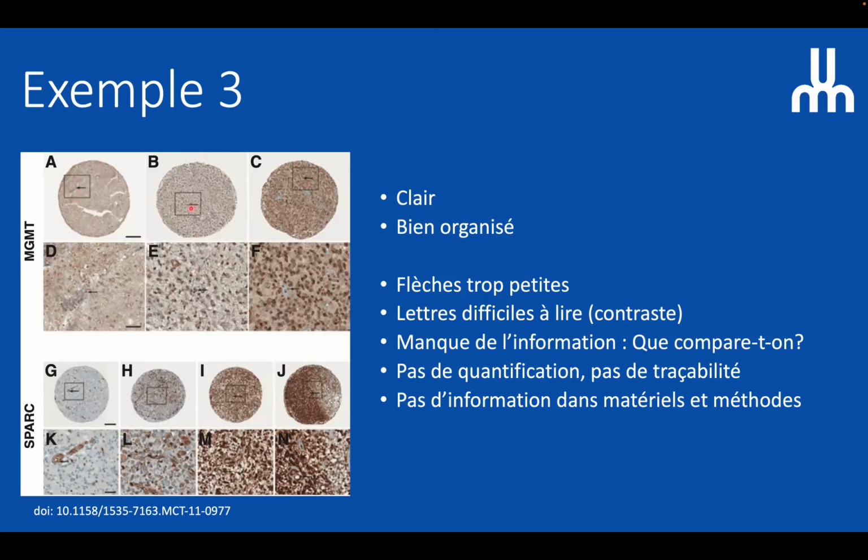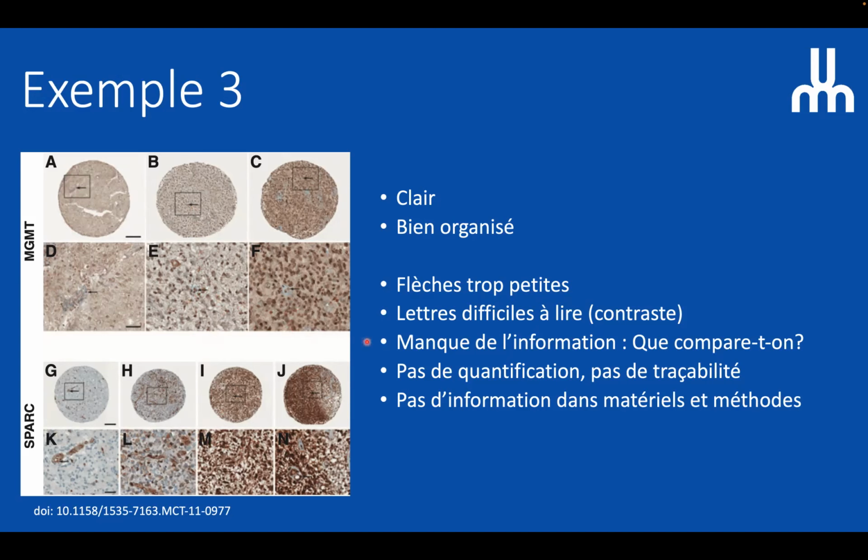The arrow is right there, and here I can barely see it, so the arrow size is wrong. Also here I can barely see the M and the N because it's too dark at the back. So maybe one should have used white to display these two letters. Also in this article, there is no quantification at all, no traceability, no information in the materials and methods about what we are looking at. So that was a very weak figure.